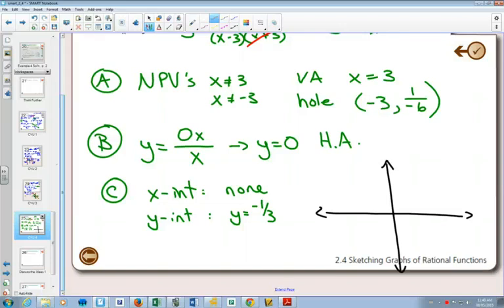So we know that at x equals 3, we have an asymptote. We know at y equals 0, we have an asymptote. We know at negative 3, negative 1/6, estimate that, we're going to have a hole in our graph, and we know that our y-intercept is at negative 1/3.